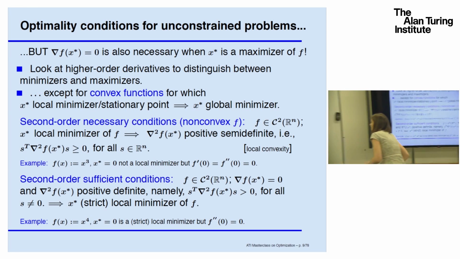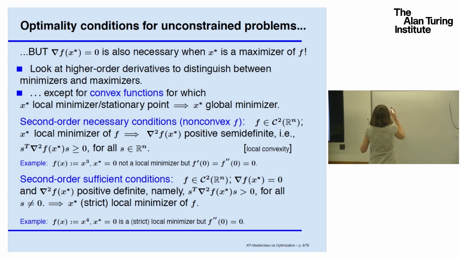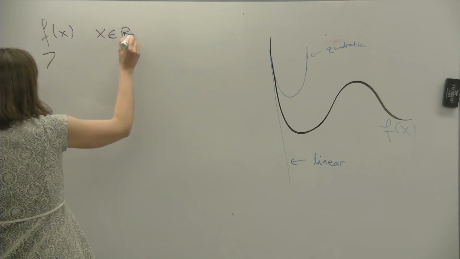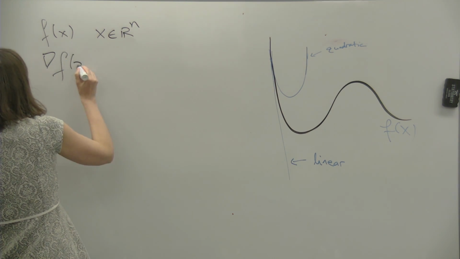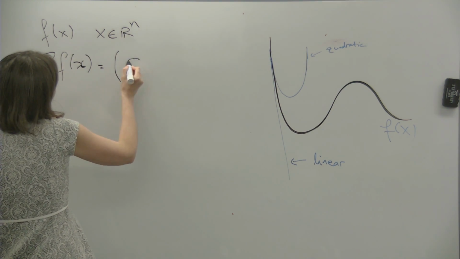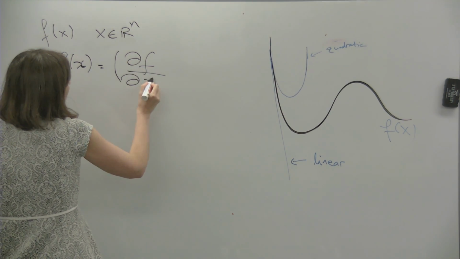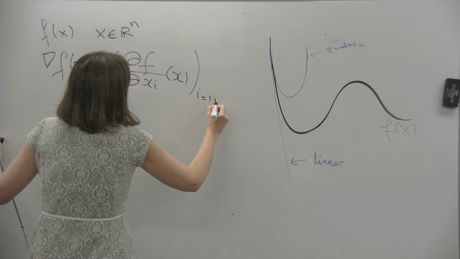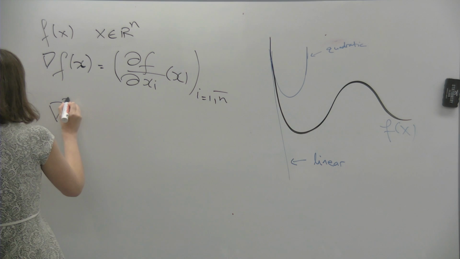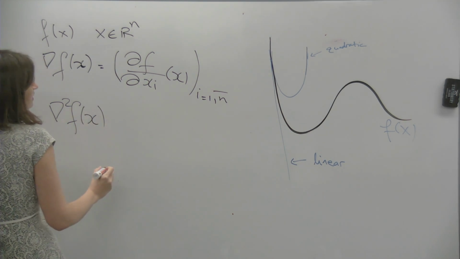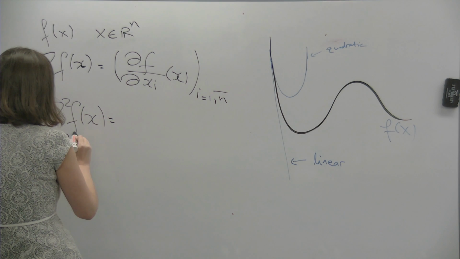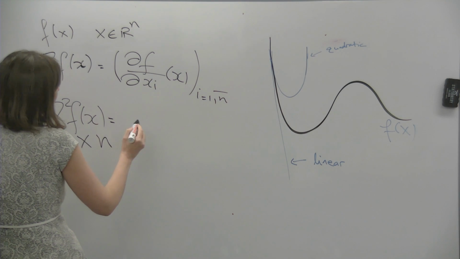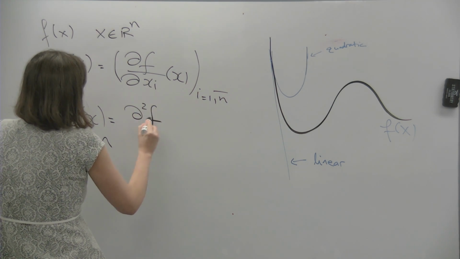So if I have a function f with x in R^n, then the gradient of f at x is the vector of partial derivatives, for i from 1 to n, and the Hessian, or the matrix of second derivatives, is a symmetric n times n matrix, if the function is C2, which usually it is, if you can calculate these.